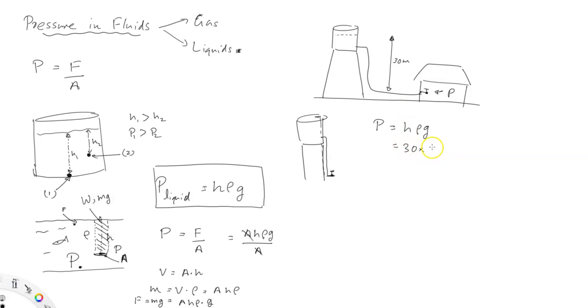30 meters, density of water is 1000, 9.81. So take the calculator and do the math.